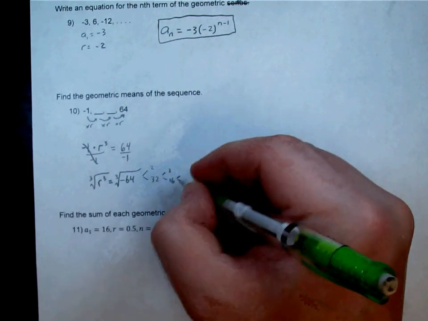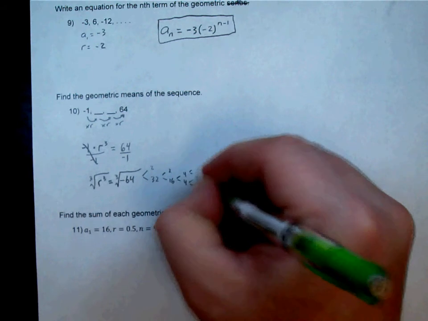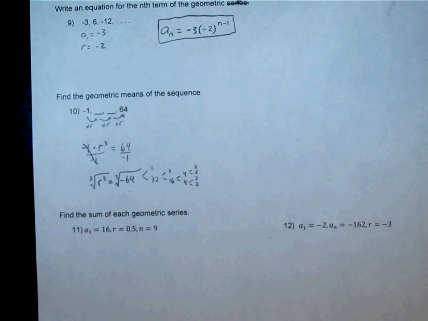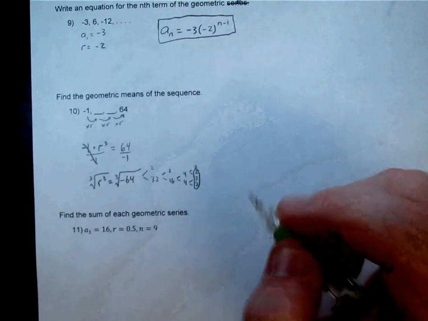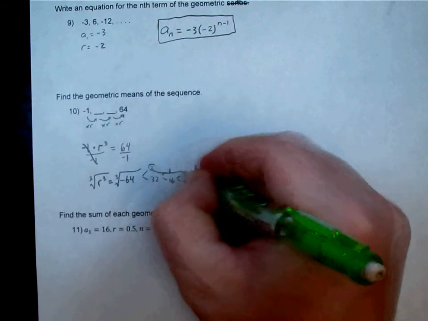Maybe 16, now we jump to like 4 and 4. Doesn't matter what order you break these down, we should get the same number of 2's, no matter which way you do it. It's a 3rd root, so I'm looking for 3 of a kinds. So I'm going to circle 3 of a kinds. There's a set of 2's, and then I have another 3 of a kind, 3 more 2's. There were 6 2's total.